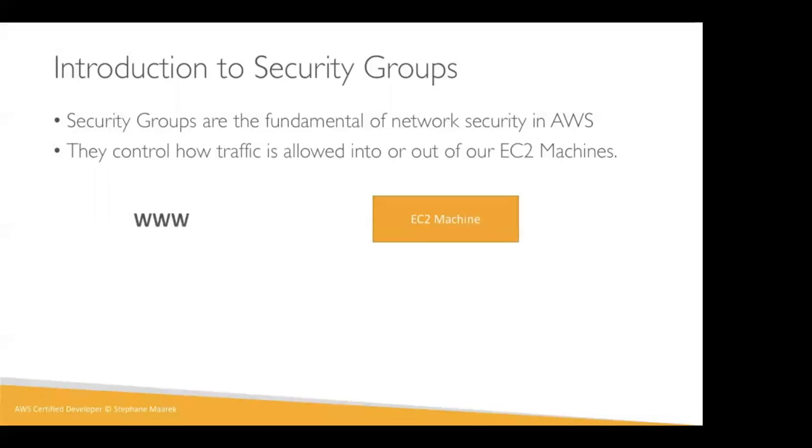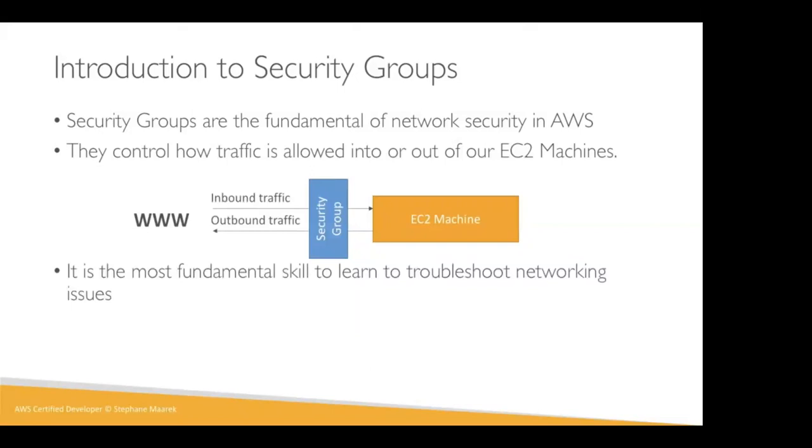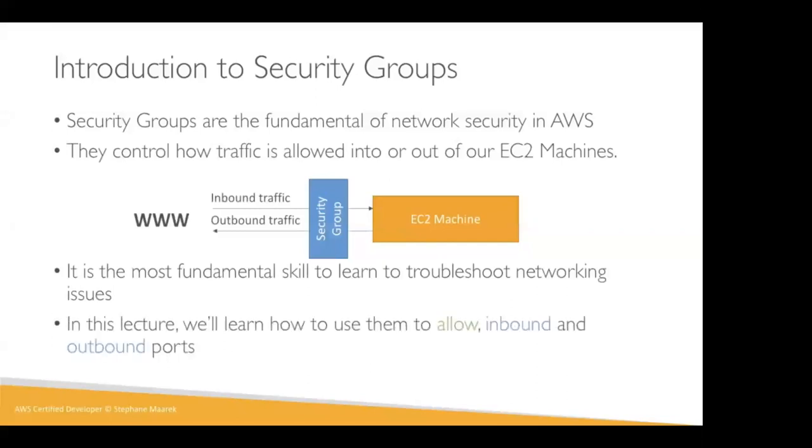So we have the WWW, the net, the EC2 machine, and our security group, and basically we'll control the inbound and the outbound traffic. It's honestly the most fundamental skill to learn to troubleshoot networking issues in AWS, and if you understand security groups, you understood a big part of the Amazon cloud. So in this lecture, I want to show you how to use the allowed inbound and outbound ports just to get you a feel of how things work.